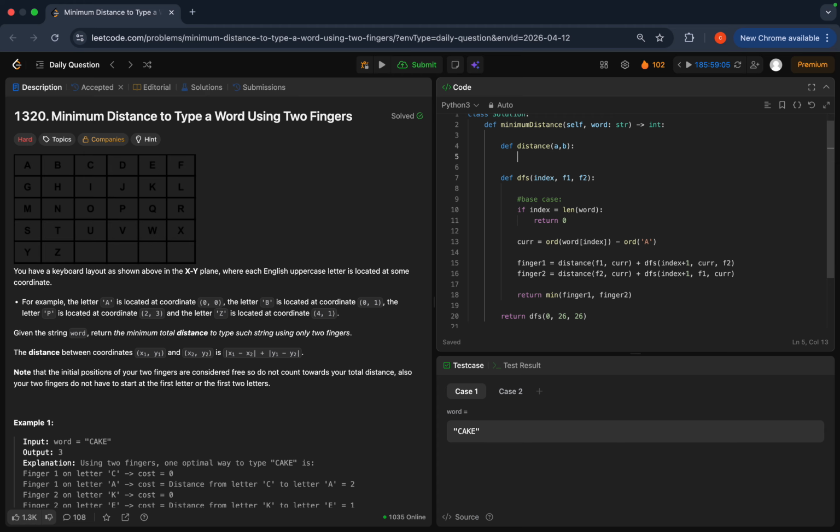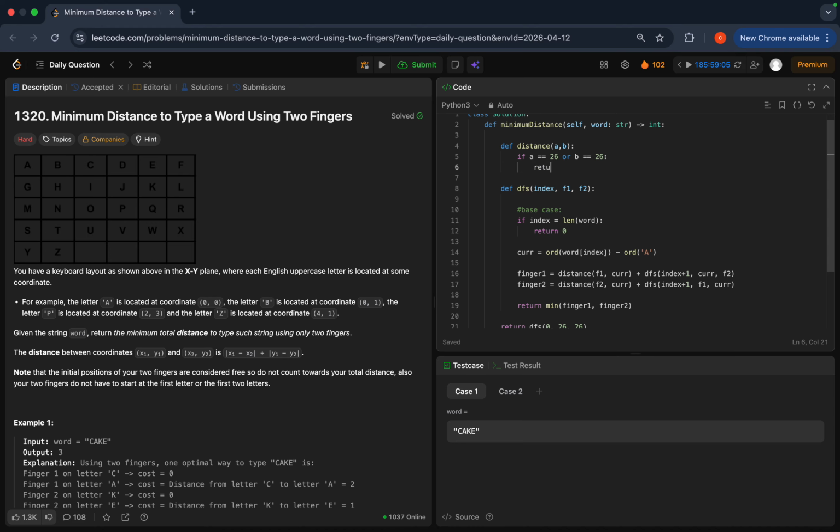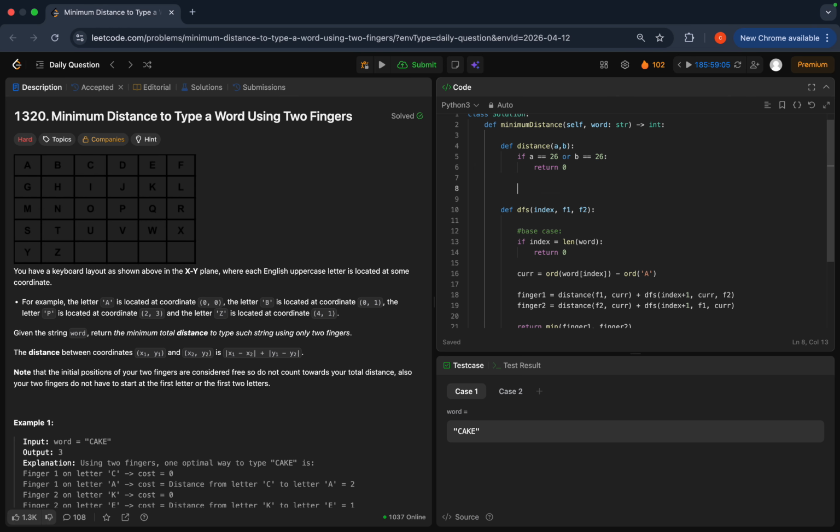So if a is equal to 26, return 0, and we will return the absolute value of a divided by 6, added with the absolute value of a modulo 6 subtracted by b modulo 6.